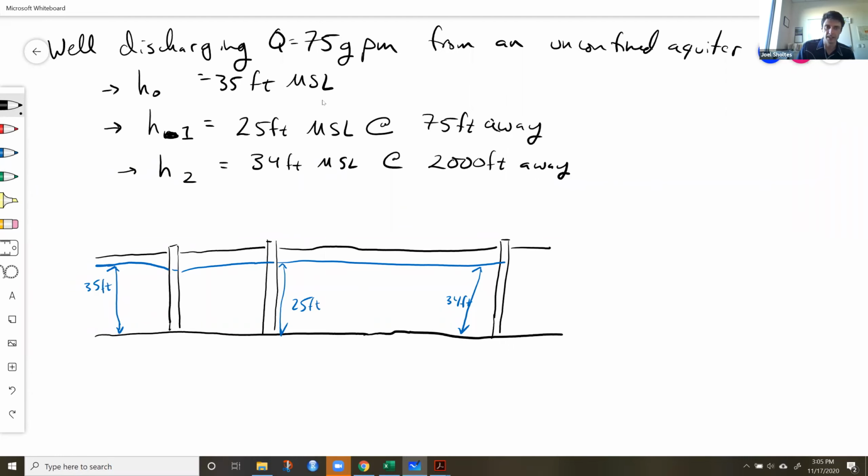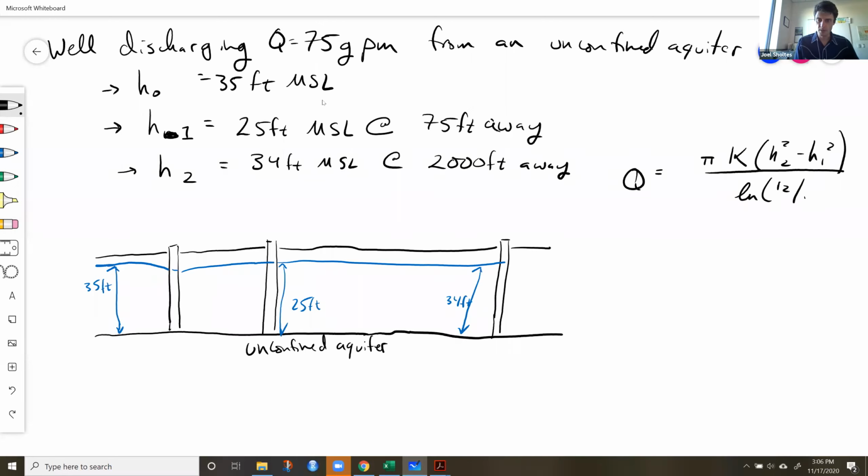And so for the unconfined aquifer, the equation that we're going to use is Q is equal to, oh, sorry, it's not 2 pi, it's just pi, times K times H2 squared minus H1 squared, all over ln of R2 over R1.